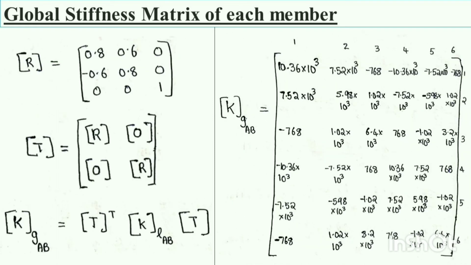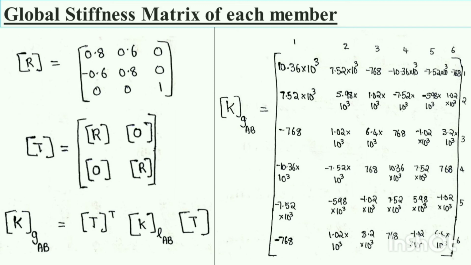Substituting these values, R is equal to 0.8, 0.6, 0, minus 0.6, 0.8, 0 and 0 0 1. So substituting this R matrix in T, we will get the transformation matrix T.